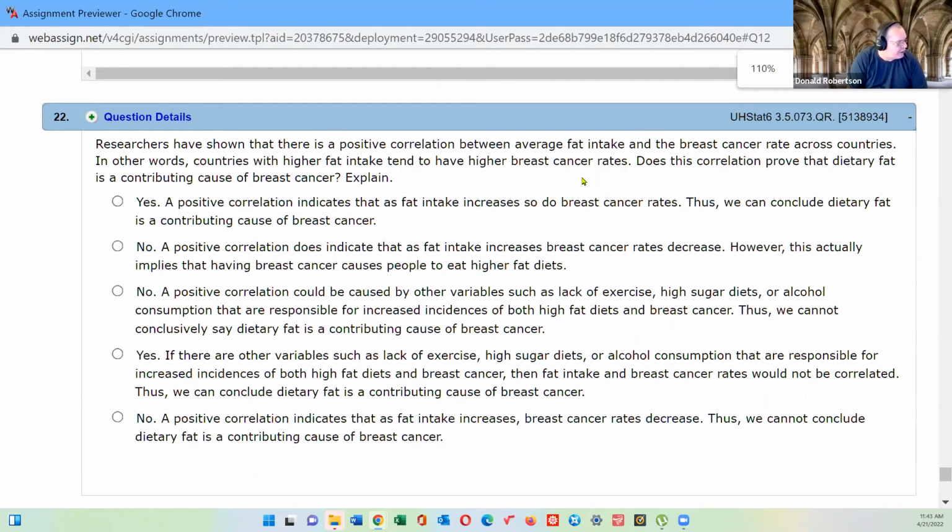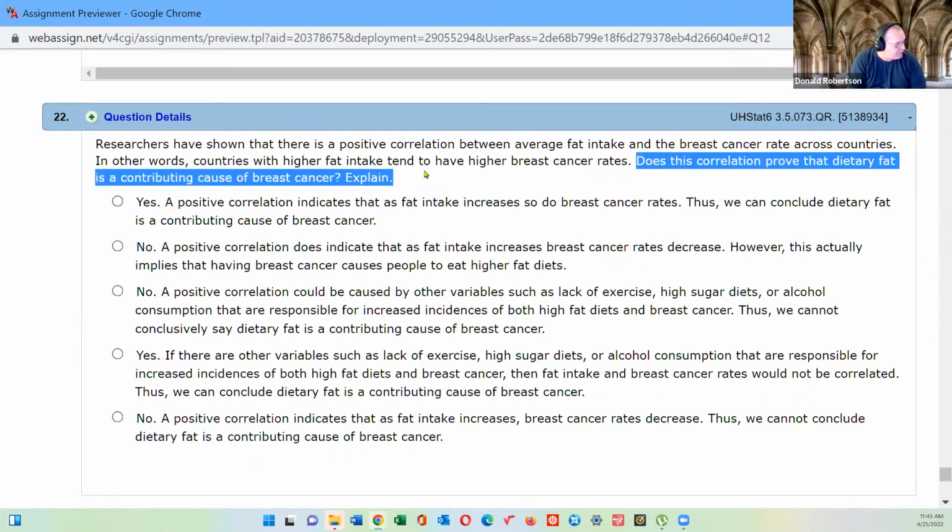I can understand that. Does this correlation prove that fat causes breast cancer, I guess, right? Can you remember my phrase? Correlation does not mean causation. Couldn't it be that there is a lurking variable, some other cause?